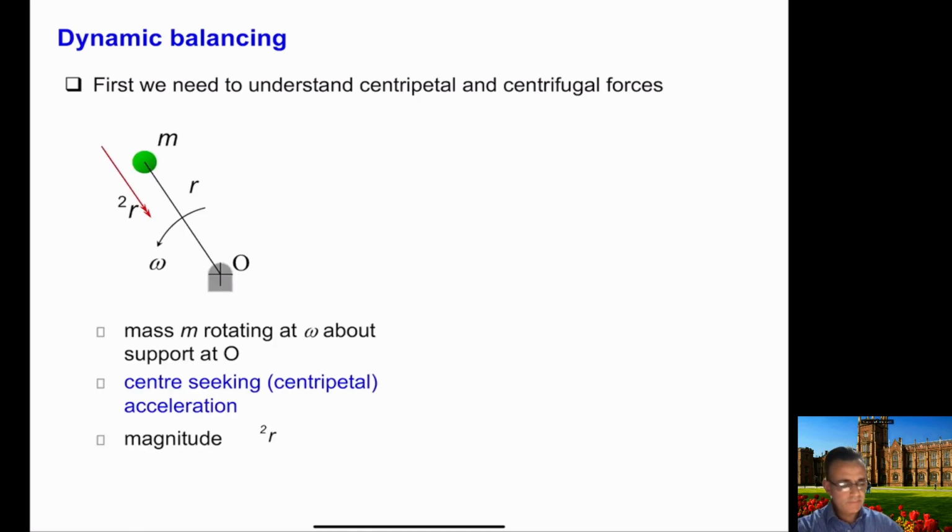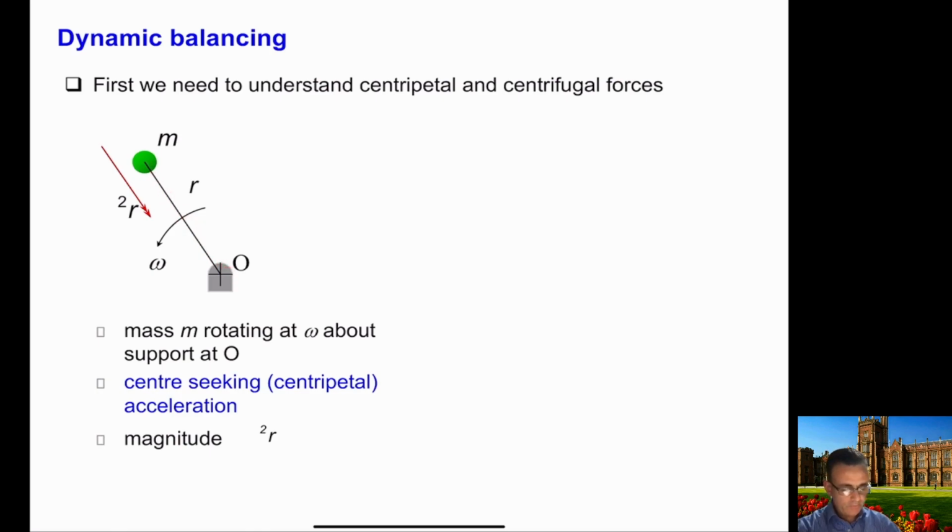Okay, now to discuss dynamic balancing, first we need to understand the centripetal and centrifugal forces, and then we will be able to understand dynamic balancing. If you consider this figure here, the mass m is rotating at angular velocity omega about a fixed point or a support at O. So this is the mass which is rotating about this point here, and the distance of the mass from O is r here.